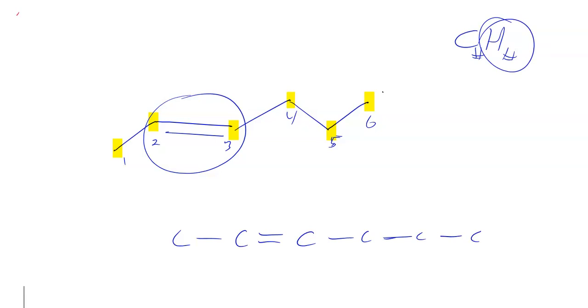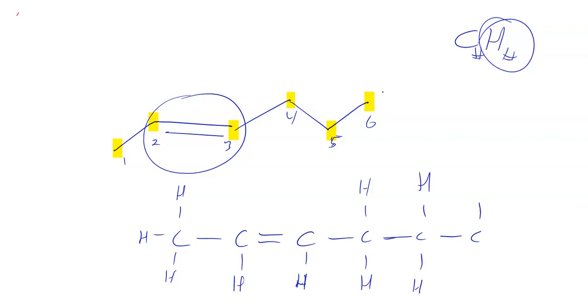We know that carbon needs 4 sticks all day. Not 4 bonds, but 4 sticks. That first one needs 3 more, so we put 3 hydrogens. This one has 3 sticks, it needs 1 more to make it 4. This one has 3 sticks, 1 more to make it 4. Up or down doesn't really matter unless you know some more geometric structures. This guy has 2 sticks, so it needs 2 hydrogens, 1 up, 1 down, just for space. Same thing here.